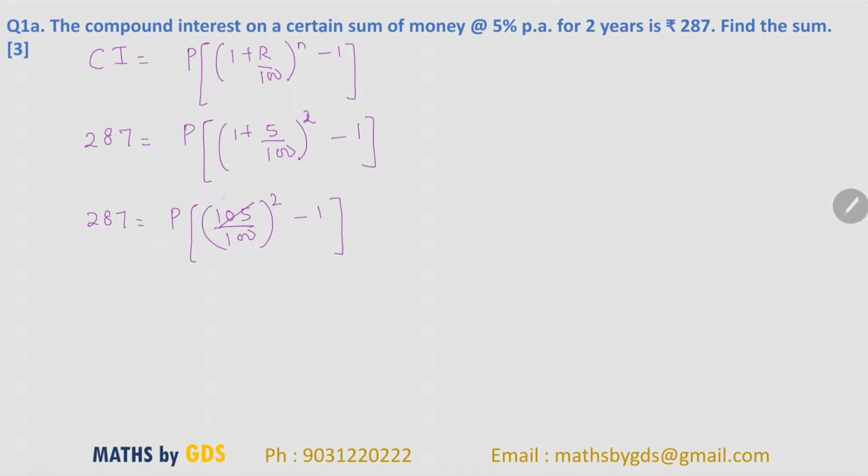We can cancel this by 5. It will be 21 by 20. Alright. So it will be 287 is equal to principal into 21 by 20 whole square minus 1.